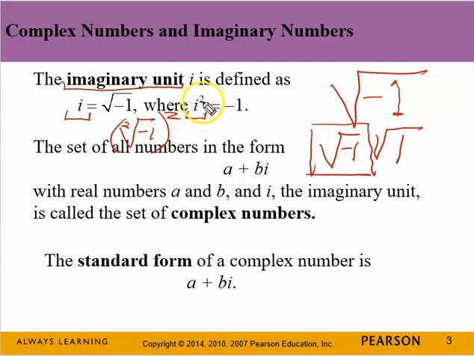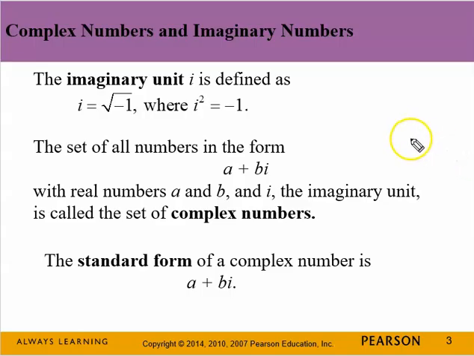So the square root of negative 1 squared is negative 1. So that's the defining point. i is the square root of negative 1. i squared is equal to negative 1. Keep that in mind. That'll be useful as we go on.